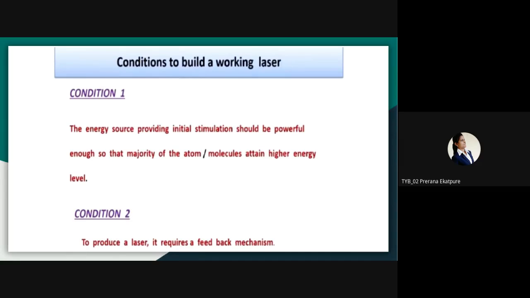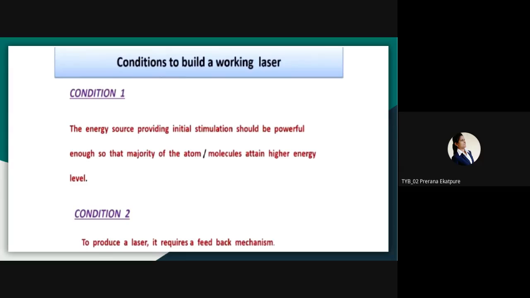That should be powerful enough so that the majority of atoms and molecules present in the lasing medium are in the higher energy state.